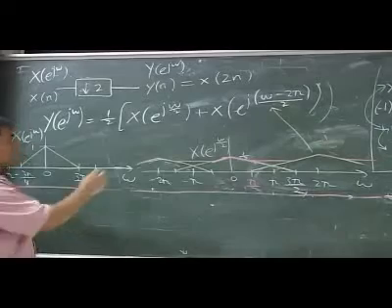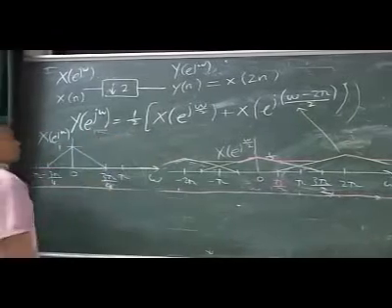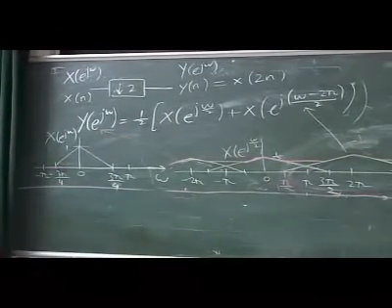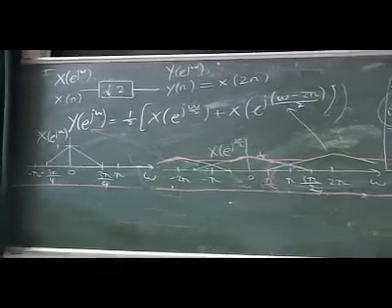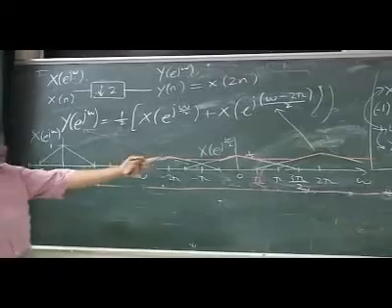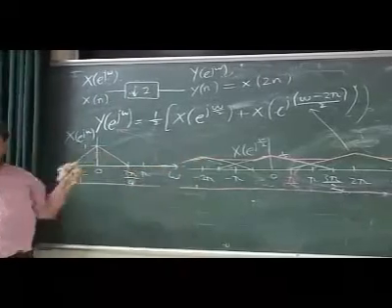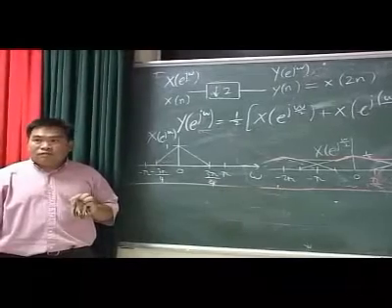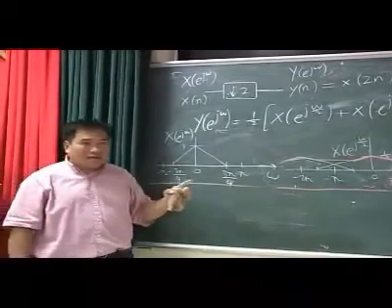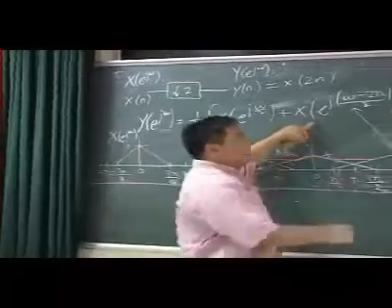So the red curve is y. Given y, can I recover x? In this case, no. This is what happens when you have aliasing. That is the aliasing component.